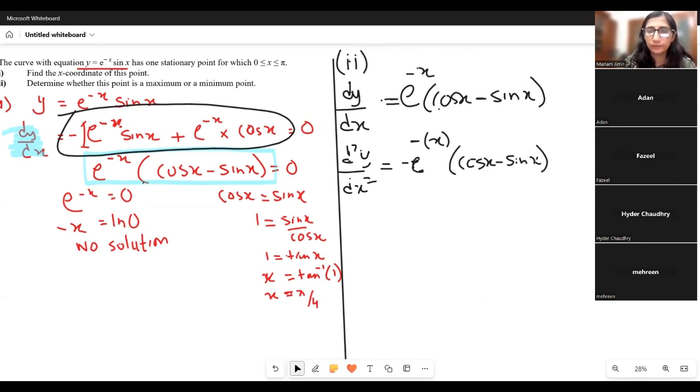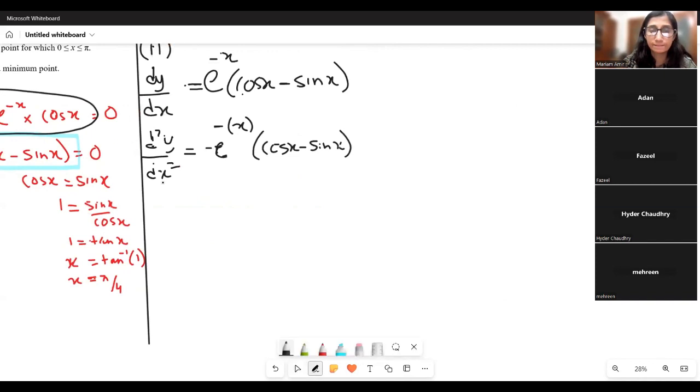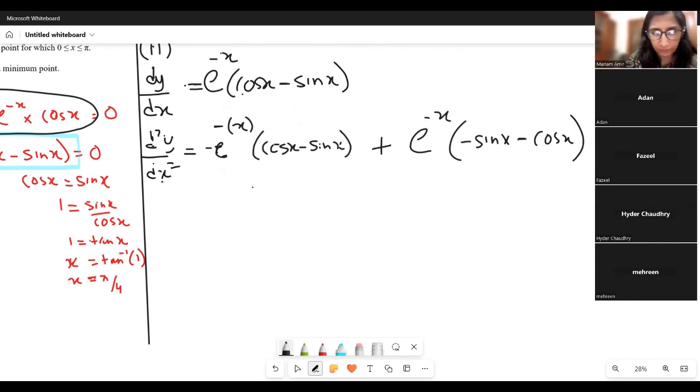Then a plus sign, and we have e minus x, and then the derivative of the second function, the derivative of cos x is minus sine x, and minus the derivative of sine x is cos x. That's the second derivative. In that derivative, substitute x equals pi by 4 and tell me if we get a positive value or a negative value.